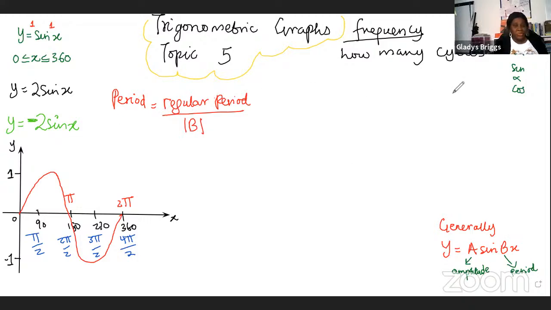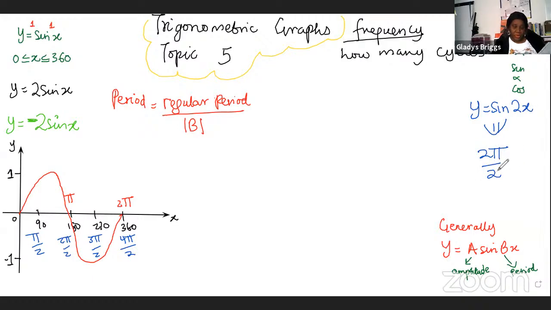In this case, we want to draw the graph of y is equal to sine 2x, and b is equal to 2 here. So let's see. Using this formula, we are going to have 2 pi divided by 2.